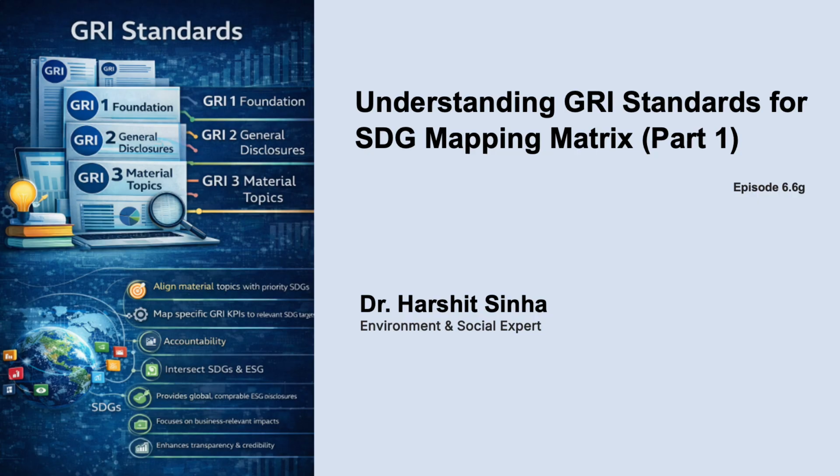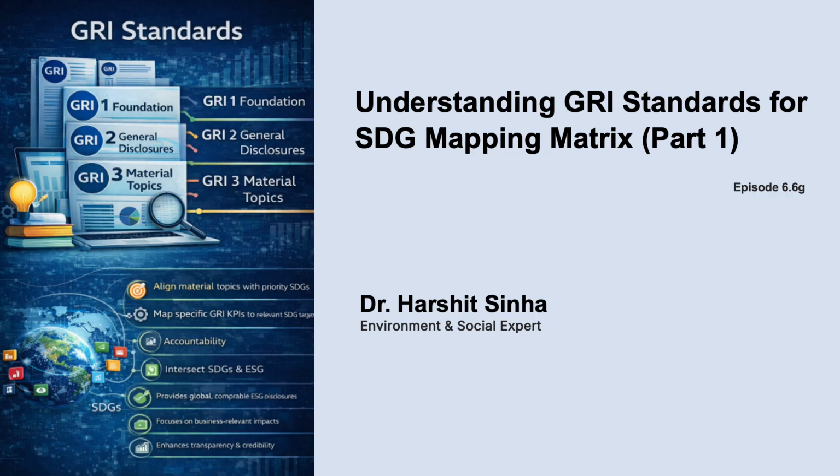At the core of the framework are the GRI Universal Standards: GRI 1, Foundation; GRI 2, General Disclosures; and GRI 3, Material Topics. These standards establish reporting principles, organizational context, and an impact-based materiality process.